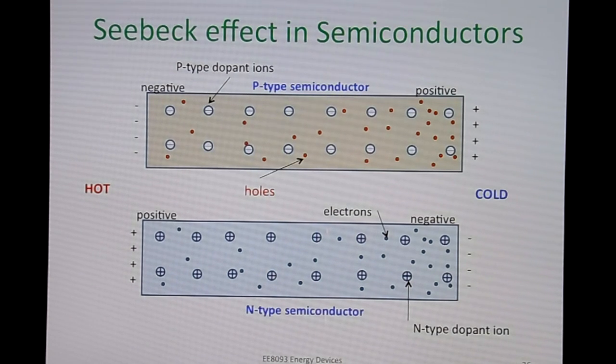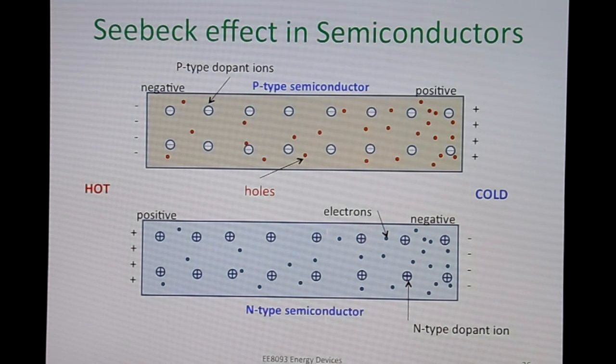This is the one drawn at the top, and below that we have an n-type semiconductor. And again, the left hand side is hot and the right hand side is cold.